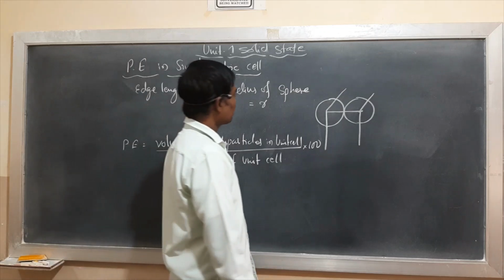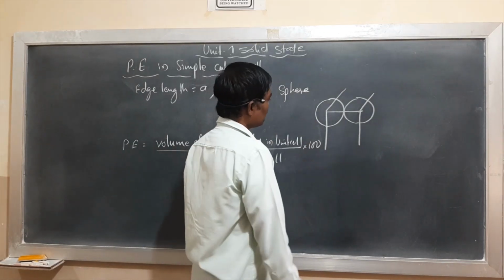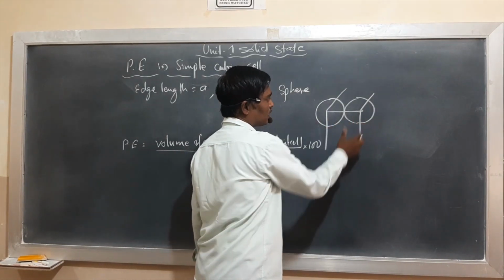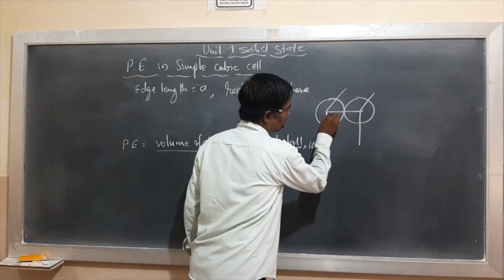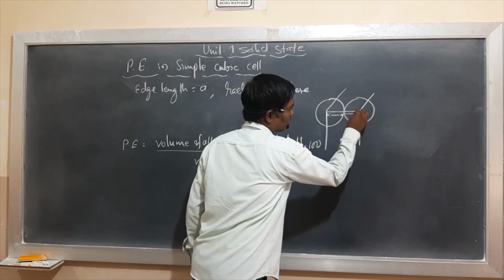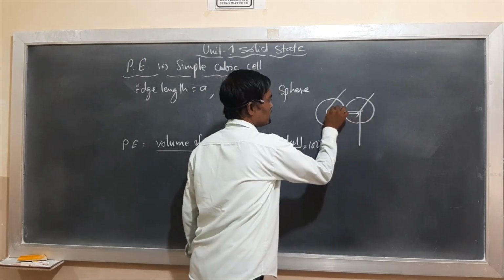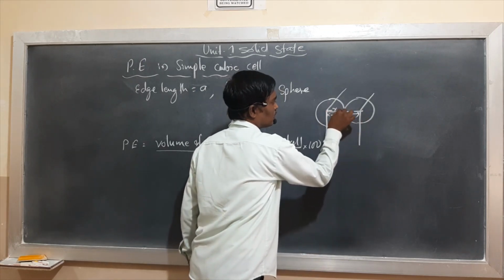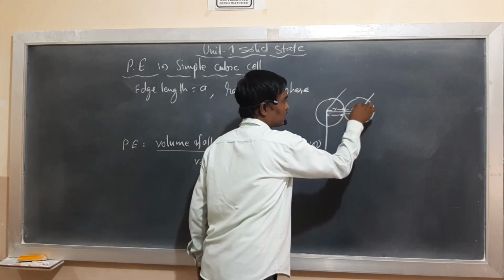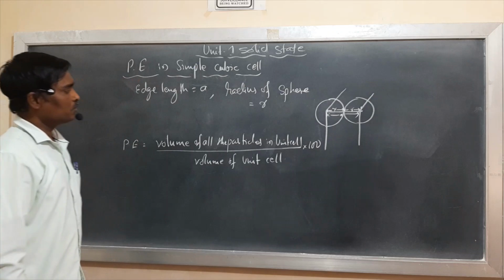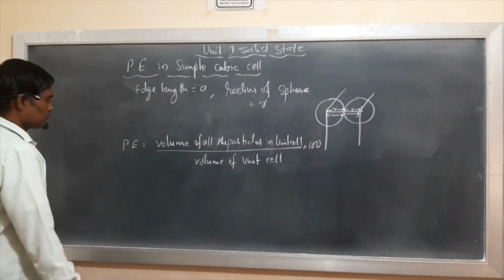Say friends, here in the simple cubic unit cell, the corner particles are in touch with each other. Therefore, the edge length, this is the a, and the radius of the sphere, this is the radius of an atom, and this is the radius of another atom, they are related as follows.